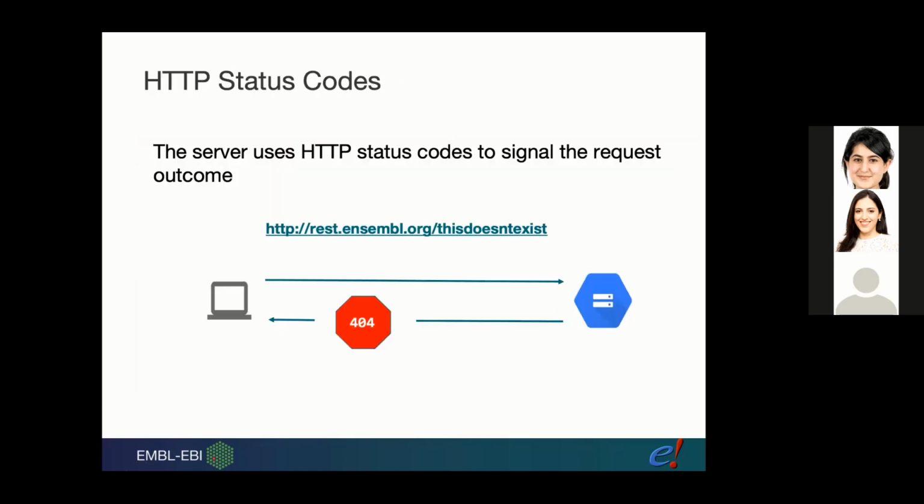Status codes. You should never assume that your request has run successfully. The server uses HTTP status codes to signal the request outcome. For example, if your client makes a request of something which doesn't exist, so perhaps you've made a typo in your endpoint, or you're using an endpoint that doesn't exist, or you're requesting data of a certain ID which doesn't exist, depending on the problem, the server is going to return a status code.